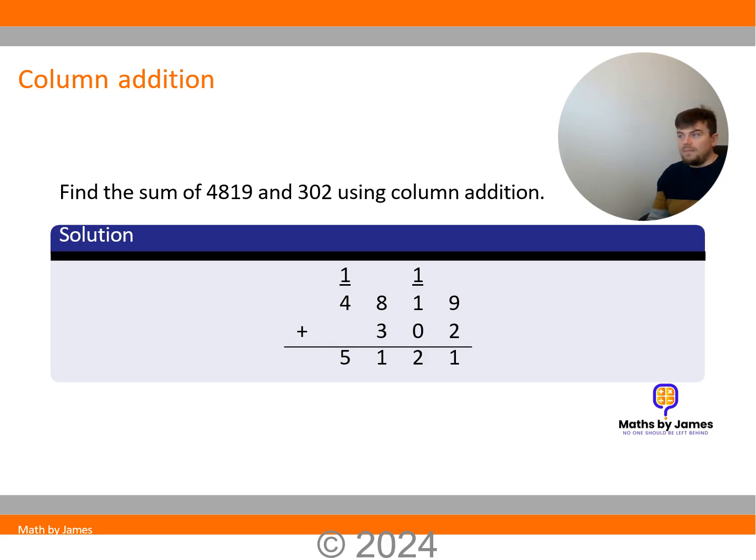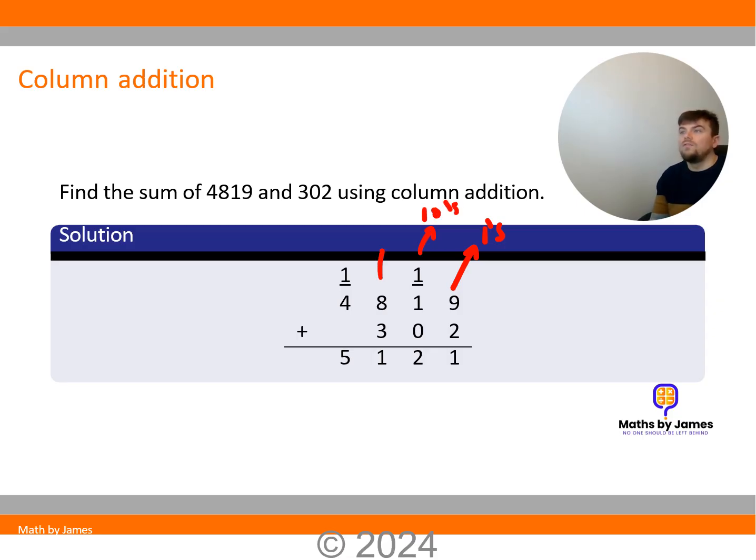So here's this next one. Find the sum of 4,819 and 302 using column addition. Again, we line them up in place value order. Here we've got our ones. Here we've got our tens.